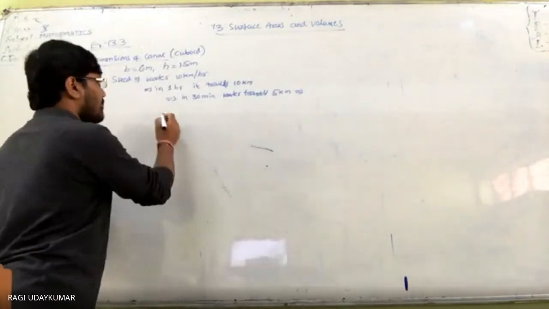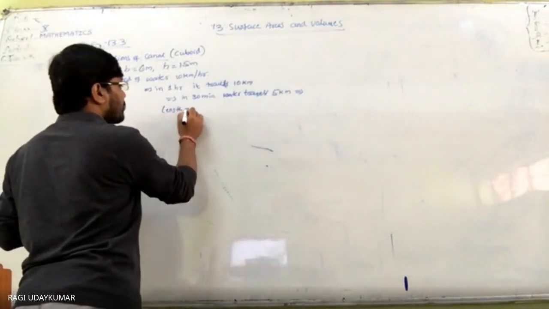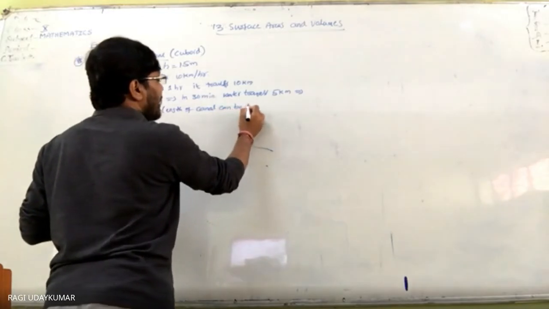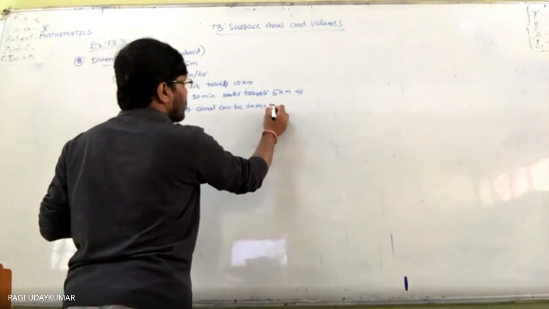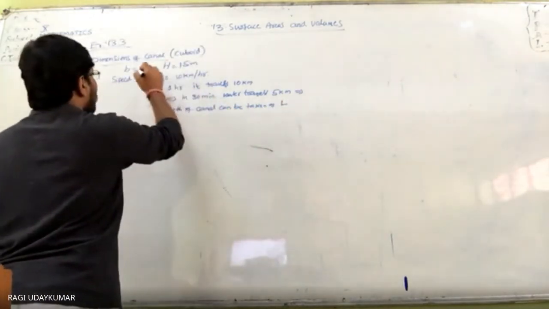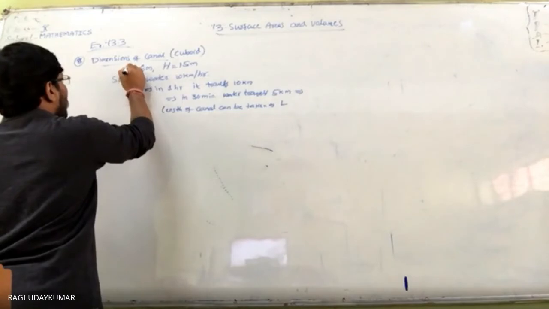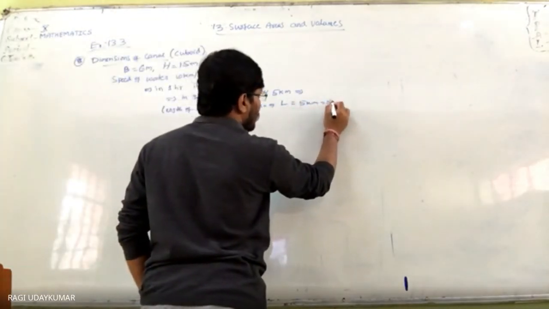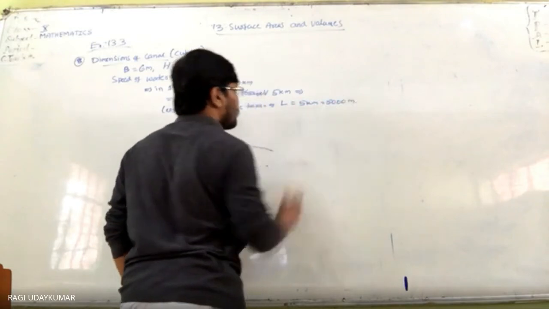So this implies length of canal can be taken as L. Capital L consider करो, इधर भी capital H consider करो, इधर भी capital B consider करो. This is equals to 5 kilometers, which is equals to 5,000 meters.